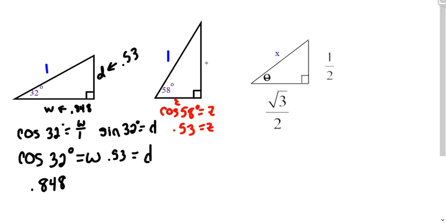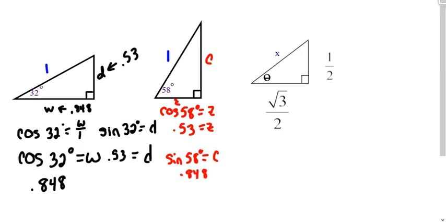Then to find this other side, I'll call it C. That's opposite, so the sine of 58 degrees equals C over 1, which is just C. Typing that into my calculator, I get 0.848.